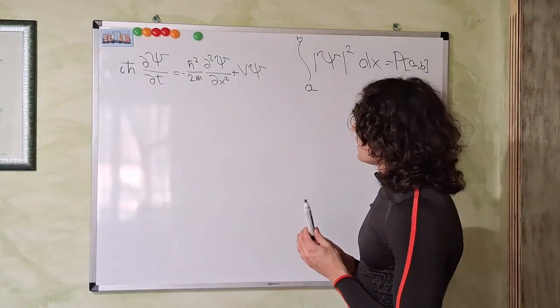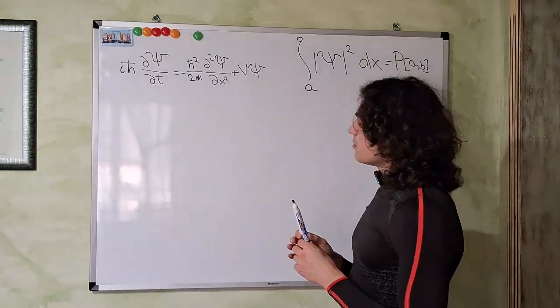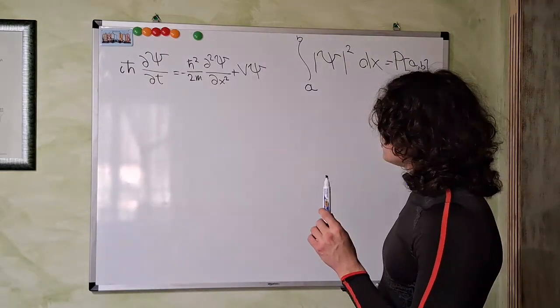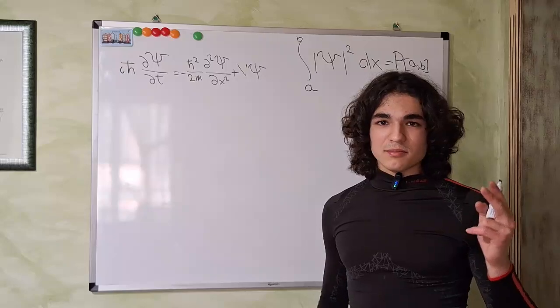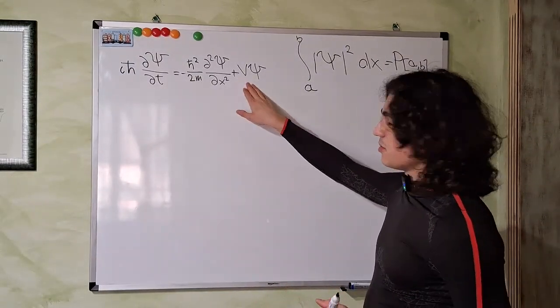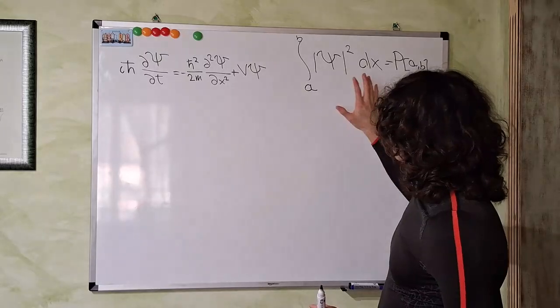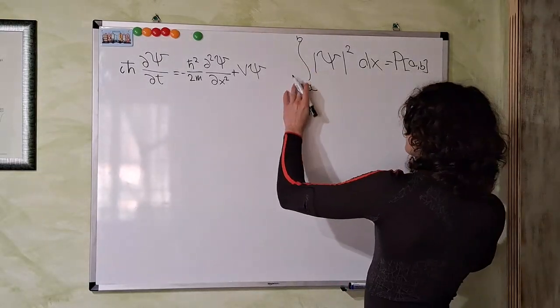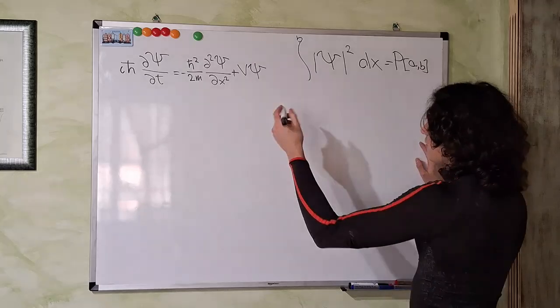Now that we understand something about this Schrödinger equation, we want to tell two things about normalization, and then we'll come back to the potential. Something that's very important is to normalize the function.